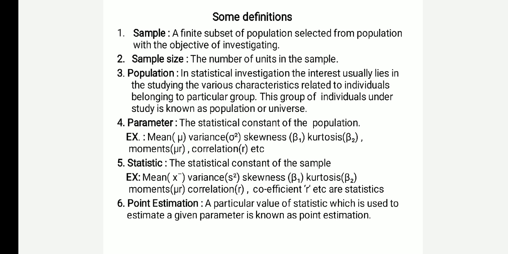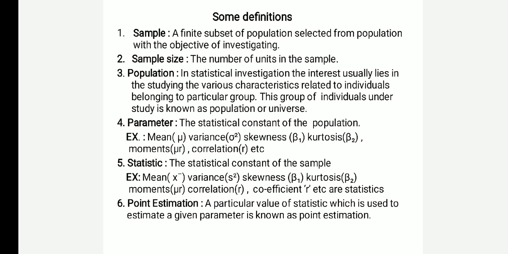That is the population. Now the parameter is the statistical constant. Statistical constant means, whenever your study area is selected, then you take up a study, a measurement or survey you conduct. Then for each sample you compute the average or mean.